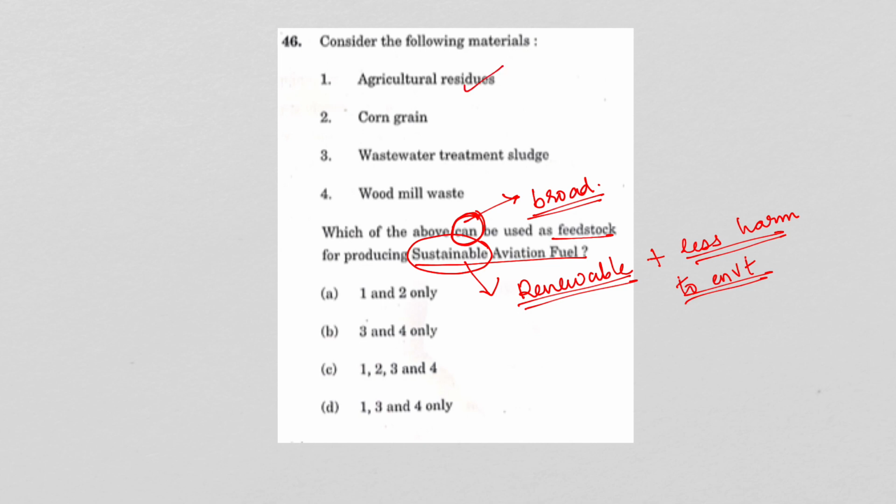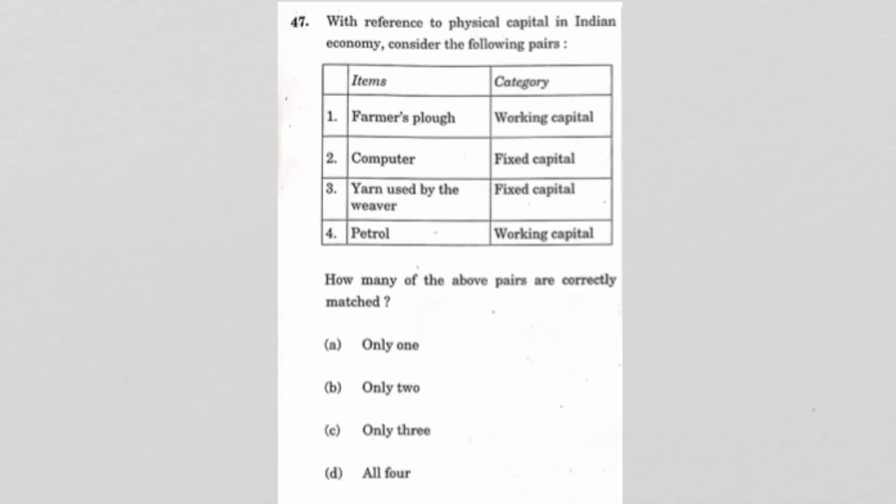Agricultural residues, we know that it's renewable or it doesn't harm the environment, or it actually reduces the negative externality, so it must be correct. Corn grain, yes, correct. Wastewater treatment sludge, then wood mill waste, so all of this will come under the right answer, that is all of these can be used for producing sustainable aviation fuel. So answer is C, 1, 2, 3 and 4.